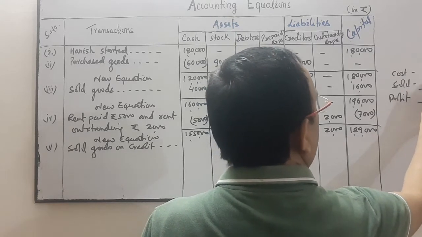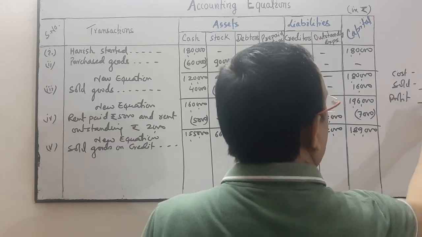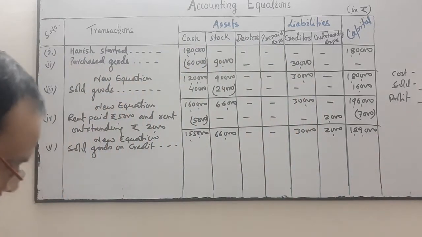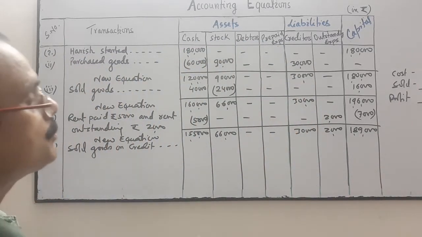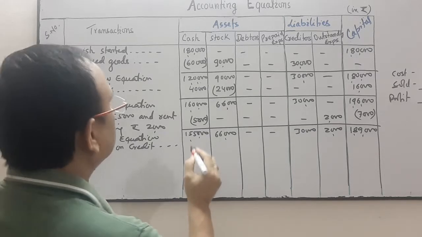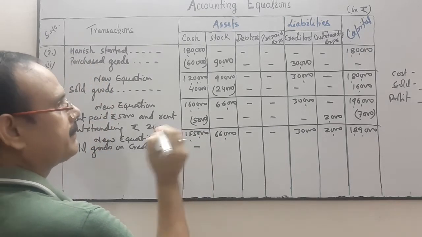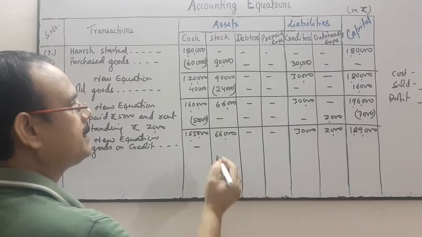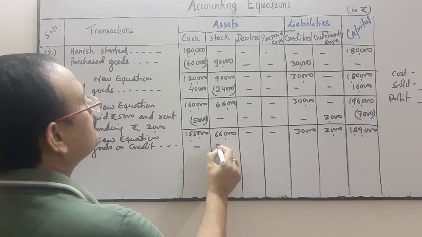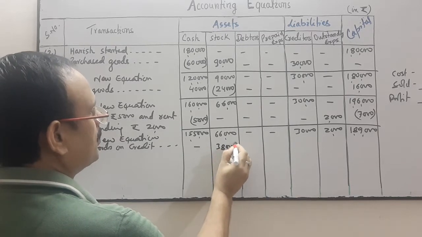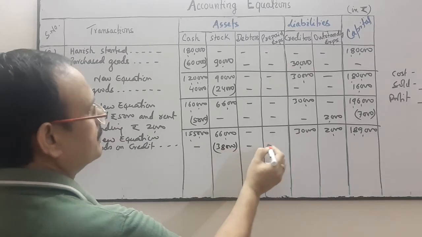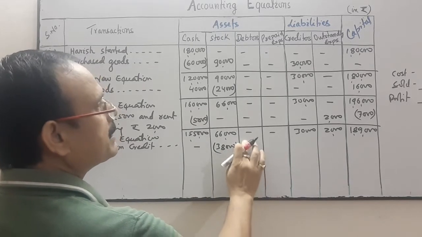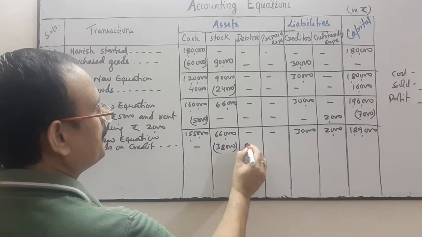It means there is a profit of 12,000 by the sale of goods. But these goods are sold on credit, so no effect on cash. 38,000 will be deducted from the stock because goods go out from the business, and it is sold on credit, so debtors will increase by 50,000.